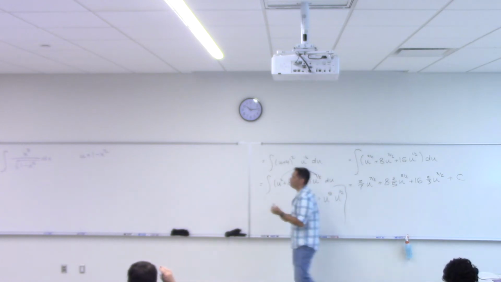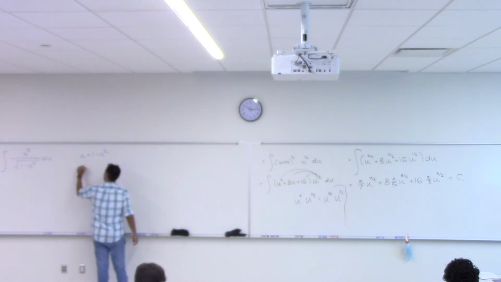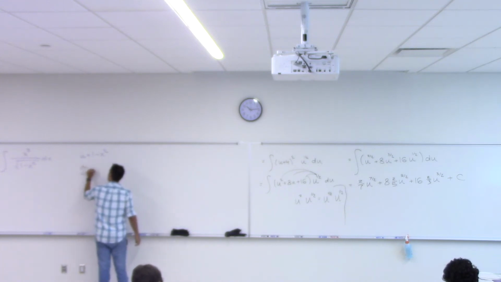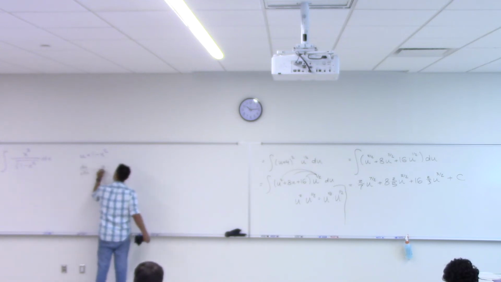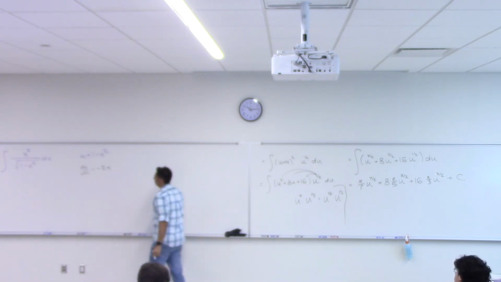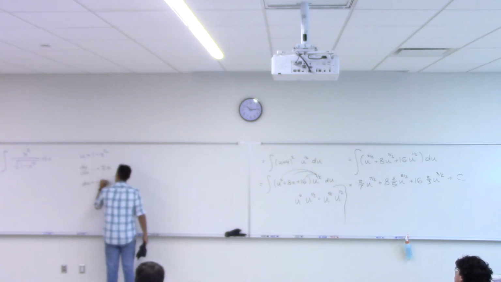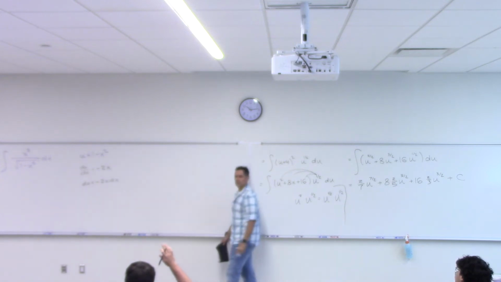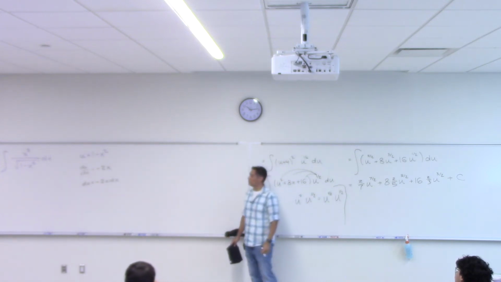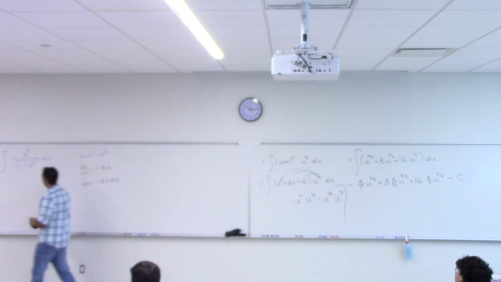All right, so now I take the derivative. du dx is negative 2x. And if I multiply both sides by dx, then I get negative 2x dx. It's fair to rewrite x cubed as x squared times x.